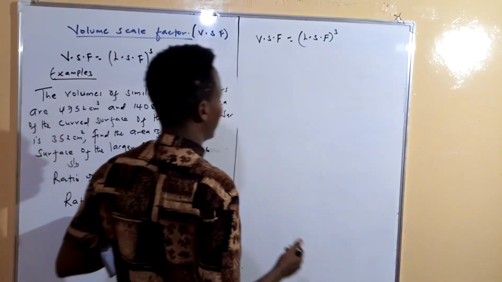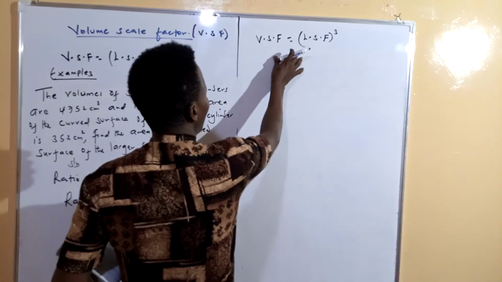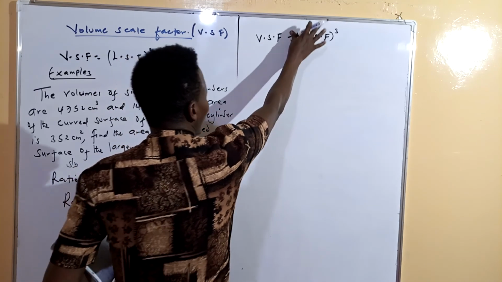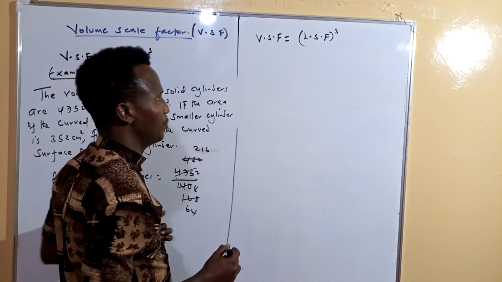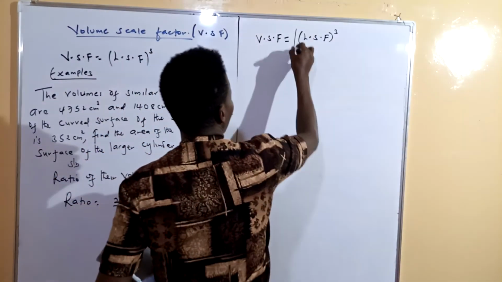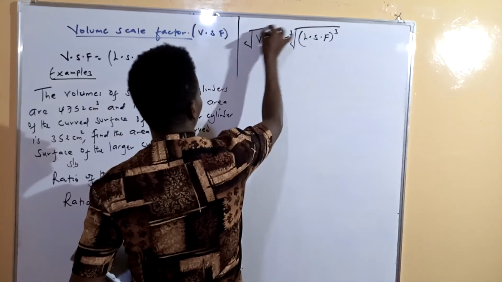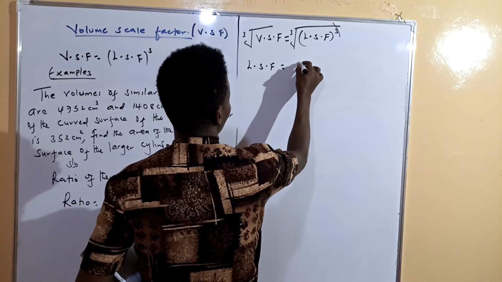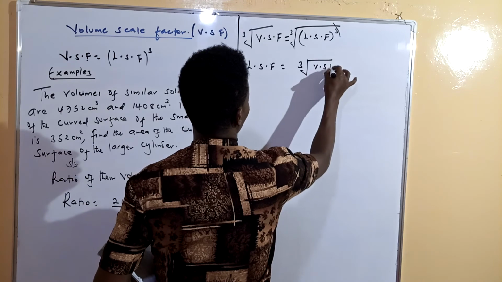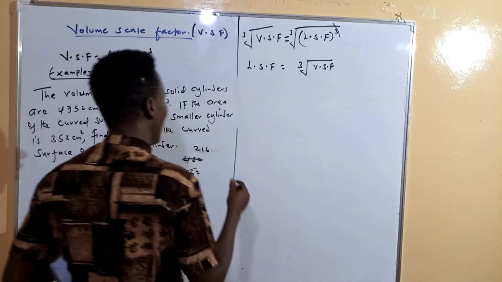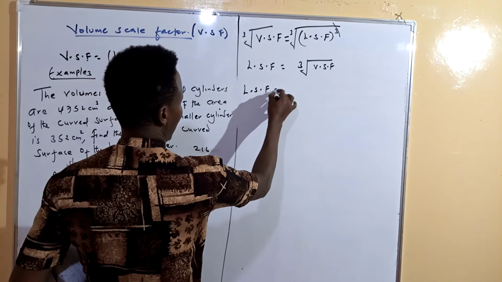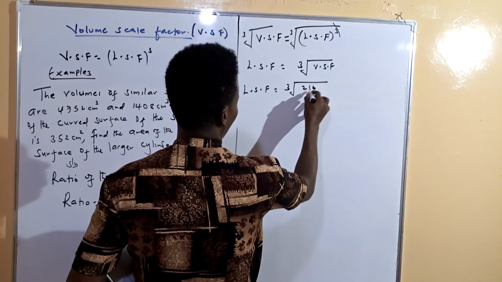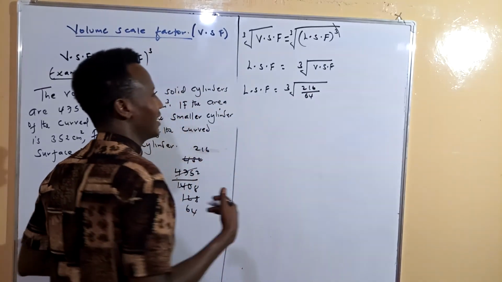To get the linear scale factor, we take the cube root on both sides and cancel. So the linear scale factor is equal to the cube root of the volume scale factor, which is 216 over 64.